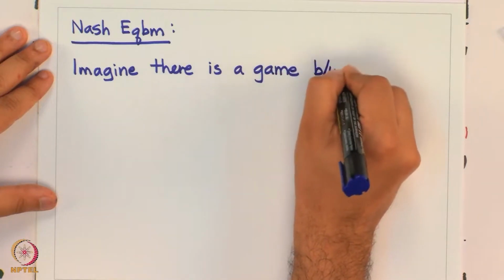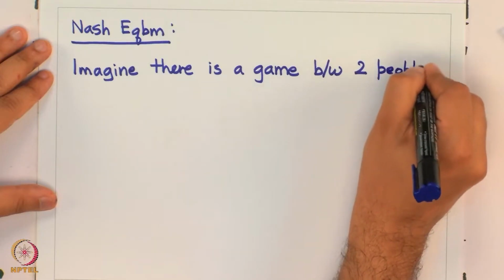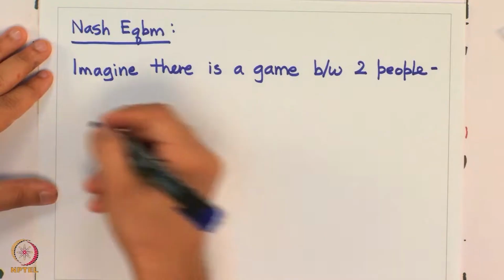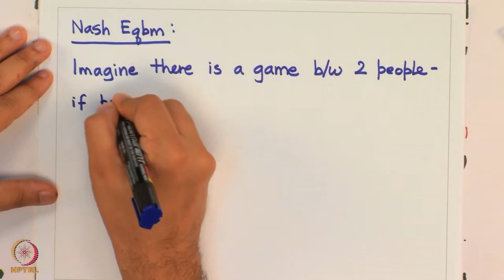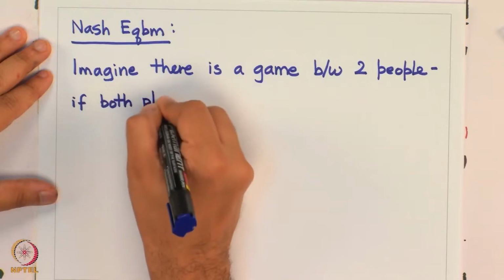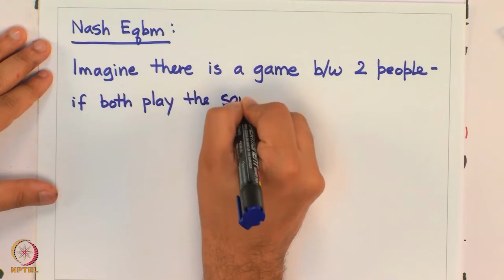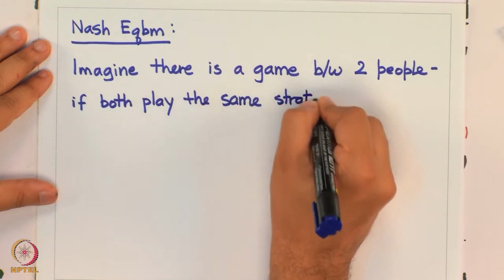In our context, we are going to replace these people with the two genotypes, and the definition goes on that if both play the same strategy, in our context the strategy is replaced by the particular genotype.